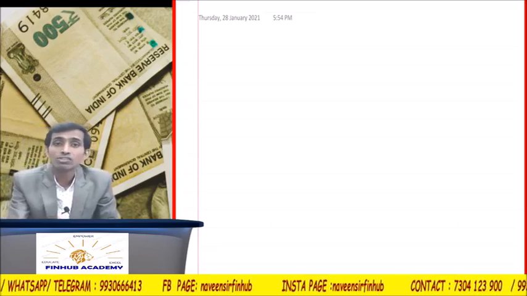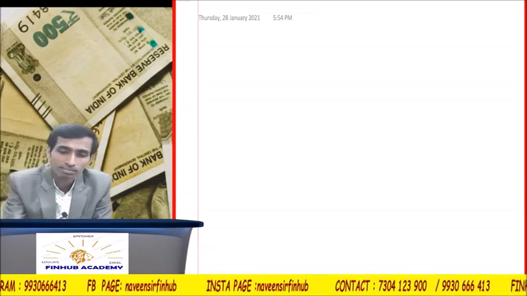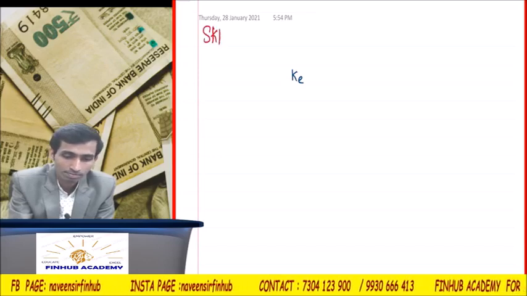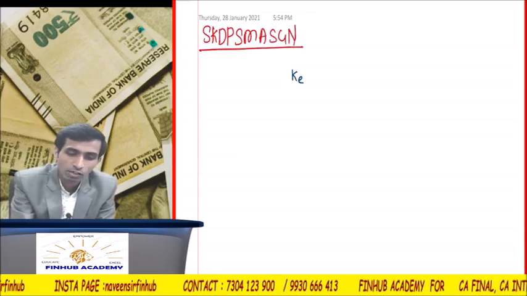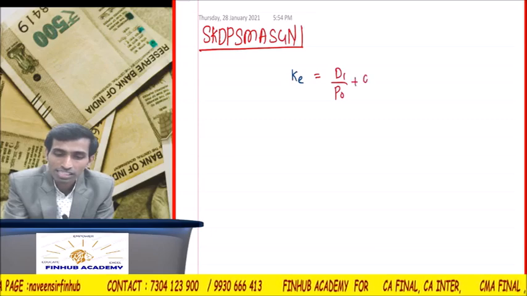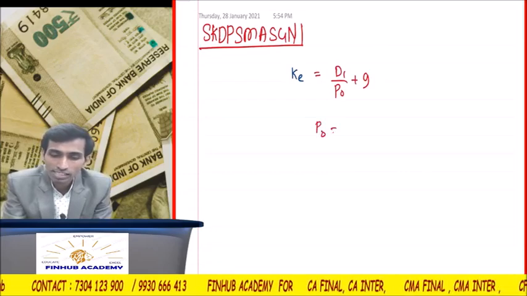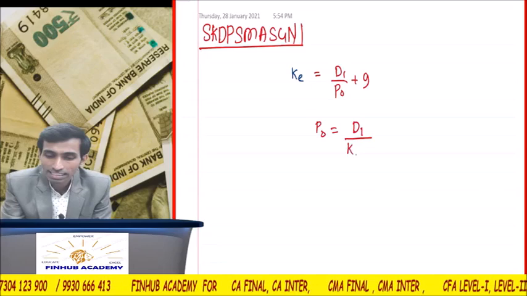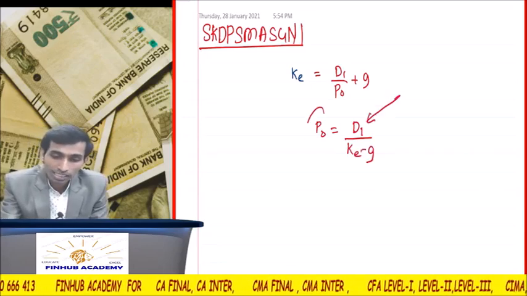This is not relevant to cost of capital, but somewhere it will be. K equals the formula I gave, D1 upon P0 plus G. If I rearrange this, it becomes P0 equals D1 upon Ke minus G. If here it is D1, you will get P0.